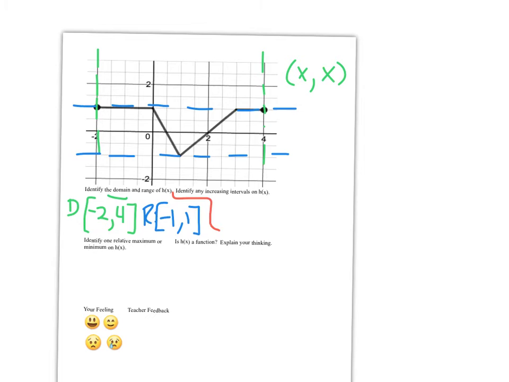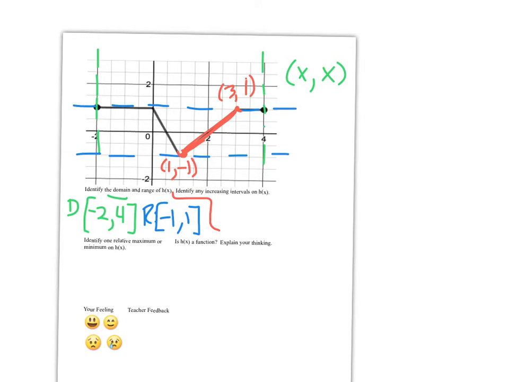For an increasing interval, this is one of the places that I began to see some particular problems. Generally, people were pretty good at identifying this part of the graph as the increasing part. The first thing I saw go wrong is that a lot of people wrote the coordinates for the lower point, 1, negative 1, backwards, and the upper point, 3, 1, they got okay.